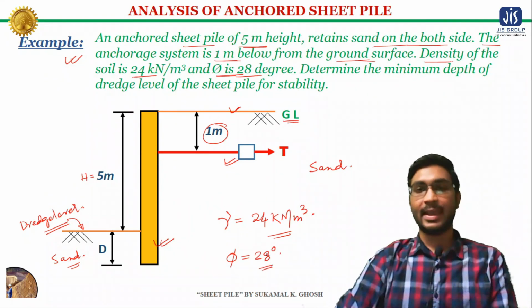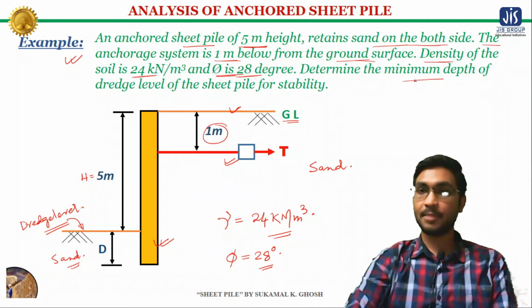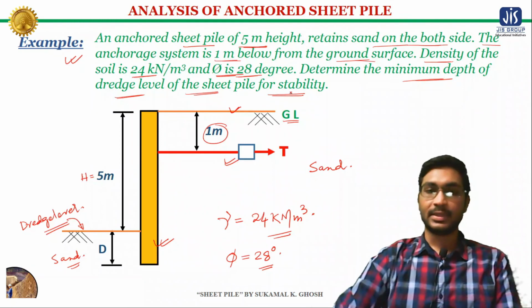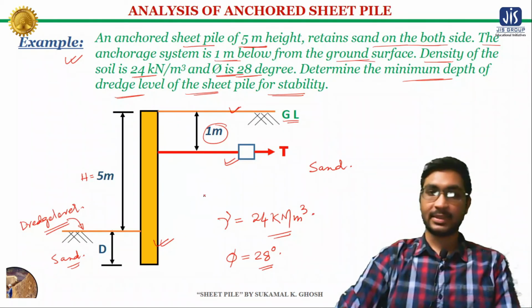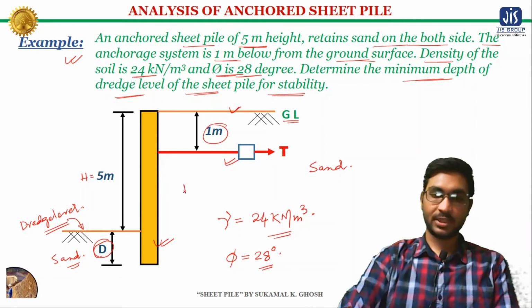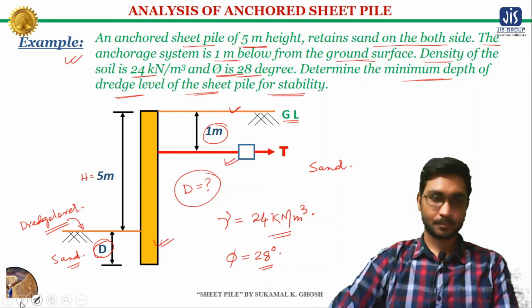The problem asks to determine the minimum depth below the dredge level of the sheet pile for stability. It means we need to calculate the value of D. So let's solve the numerical.